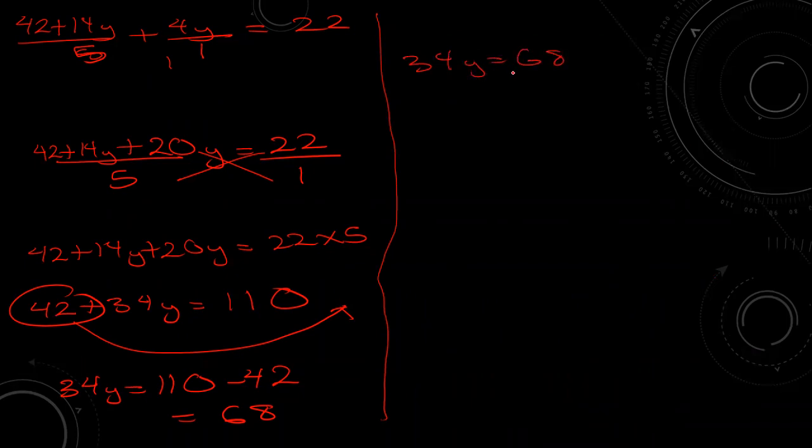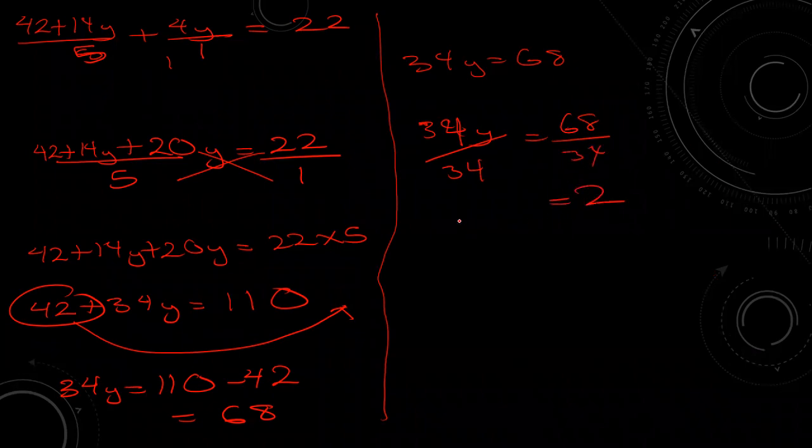We divide both sides by the coefficient of y here, which is 34. So 34y divided by 34 equals 68 divided by 34, which is 2. So after all this, y is 2.